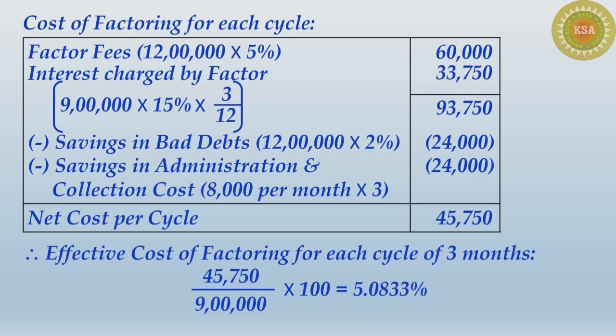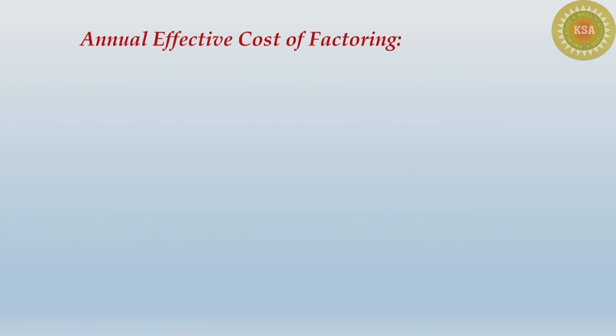The denominator, that is the amount of advance, remains 9 lakhs. The numerator gets altered. It is 45,750 as a net cost for each cycle. So this percentage comes to 5.0833% for each cycle.